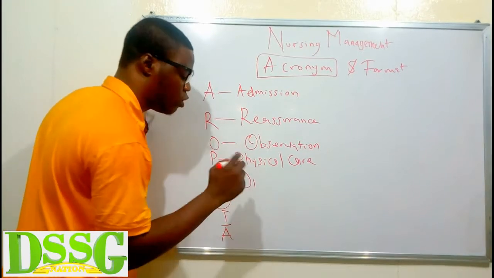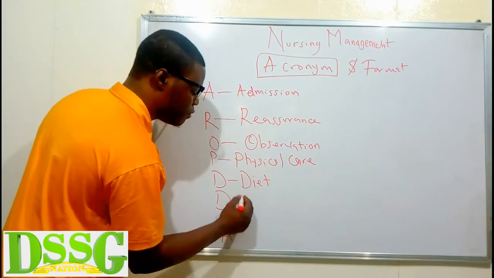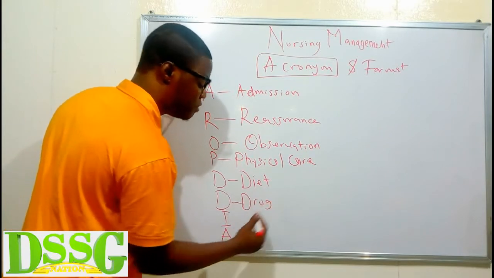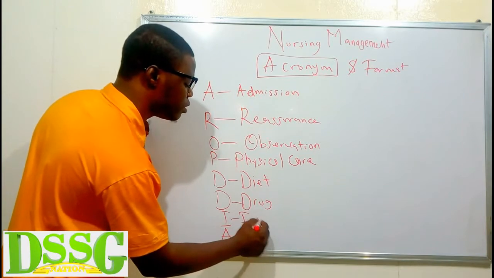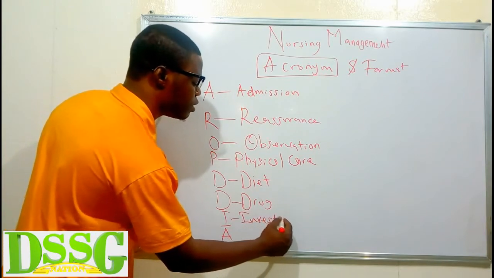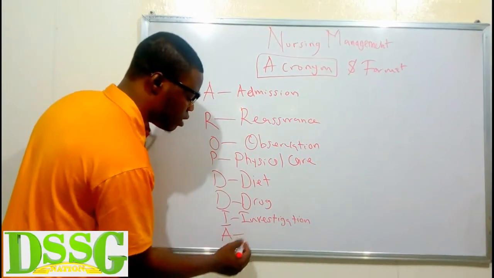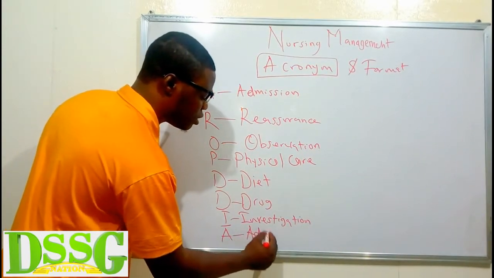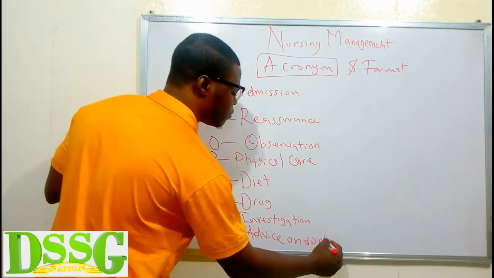Diet should come before drug, brother. You have to eat before you take your drug, although not every drug. We'll be talking about that some other time. The I is investigation, and the A is advice on discharge.